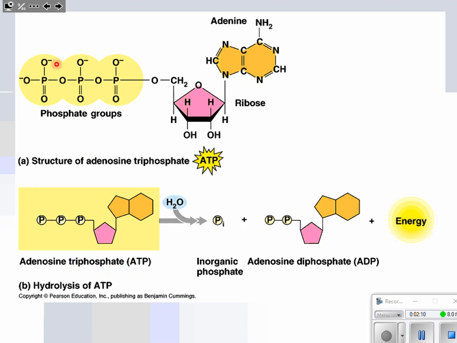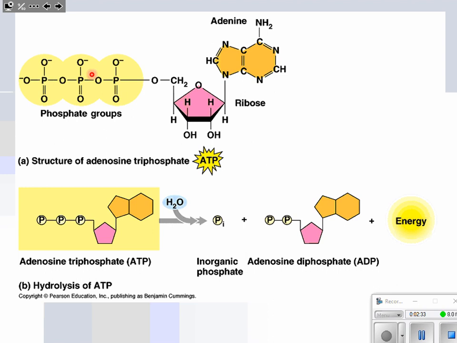Notice that the phosphate groups each have a negative electrical charge. This one actually has 2. That is significant because when you have molecules that have a like charge, like when this negative charge gets close to this negative charge, they don't like each other. They don't like to be near one another.